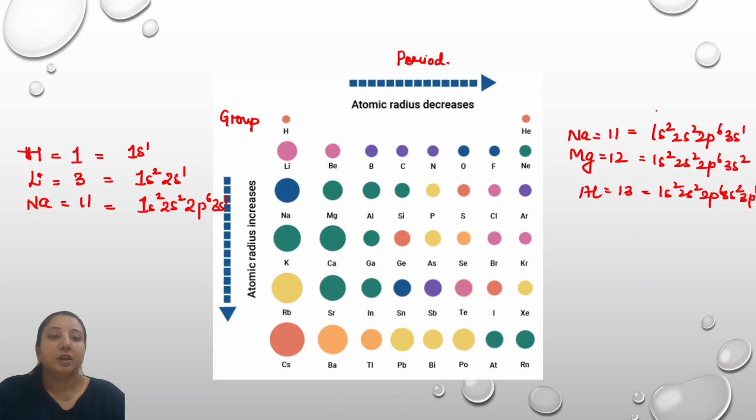Now, if you observe over here, what is happening? The atomic number is increasing, but the electron is entering the same principal shell. There is no increment in the principal shell.